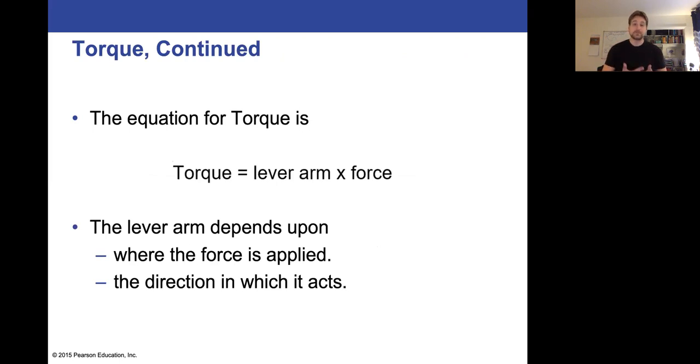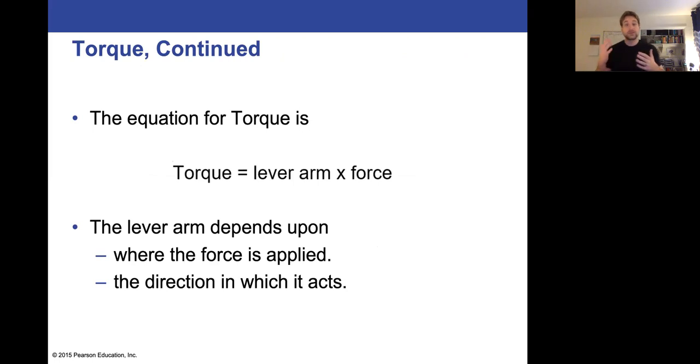How much torque? We need to know how much force. That's force. And we needed to know where the force is applied and the direction in which it acts. And those two pieces together are what we call the lever arm.